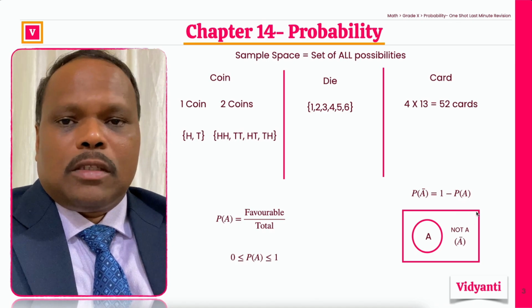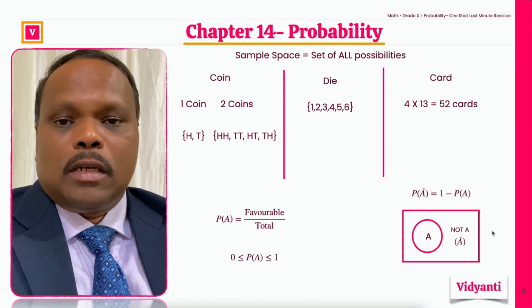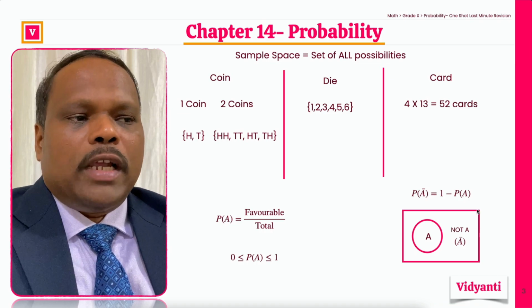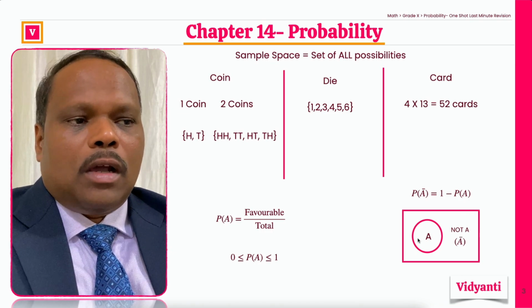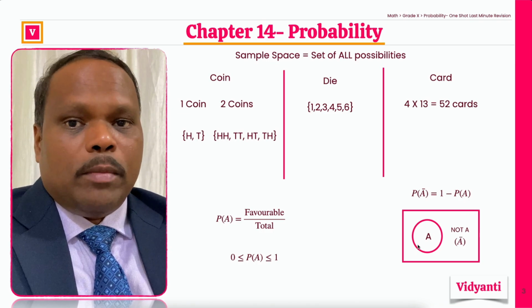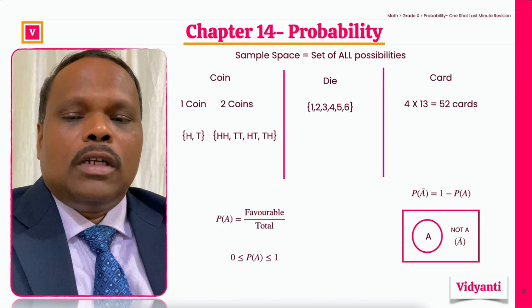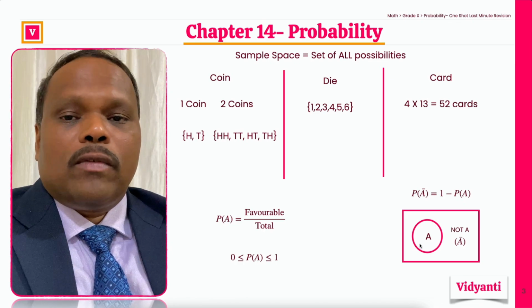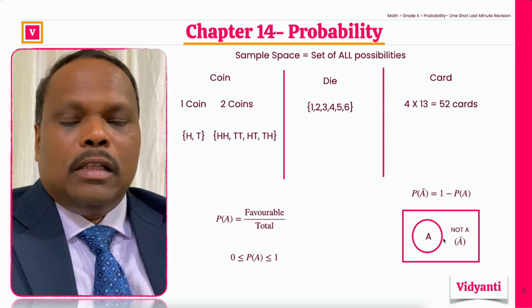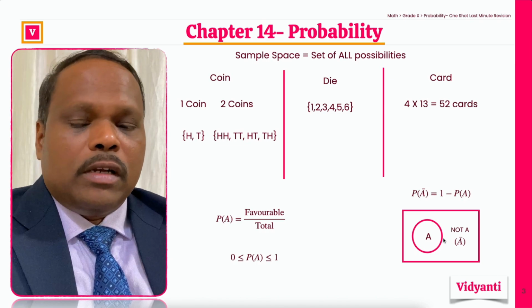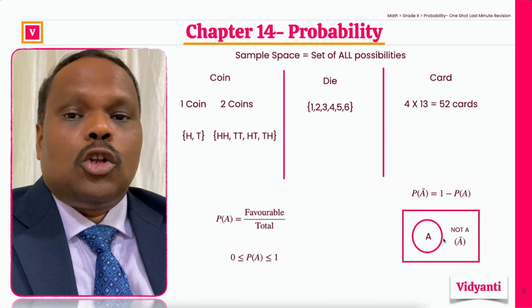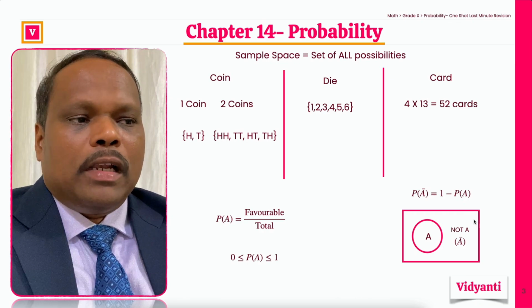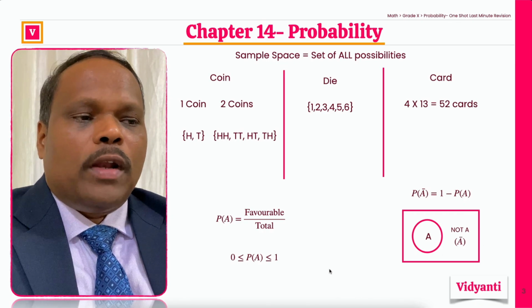The sample space, the overall possibility, is expressed as a rectangle, so that is 1 or 100%. The circle represents the favorable thing, whatever we are looking for. So the circle is the probability of happening, and anything outside the circle but still within the rectangle will be not happening. So collectively everything adds up to 1.